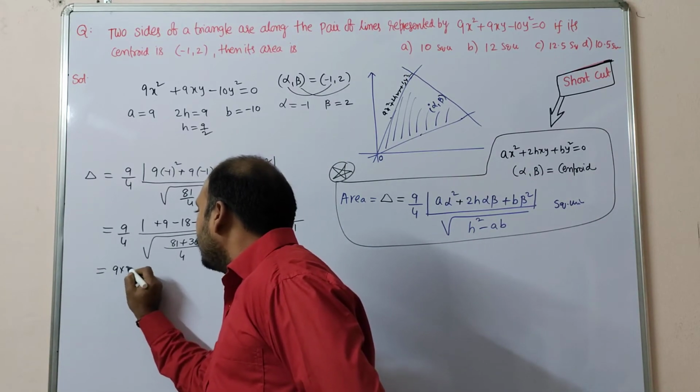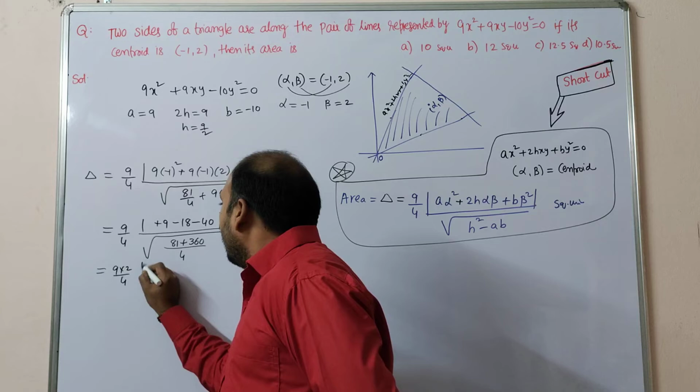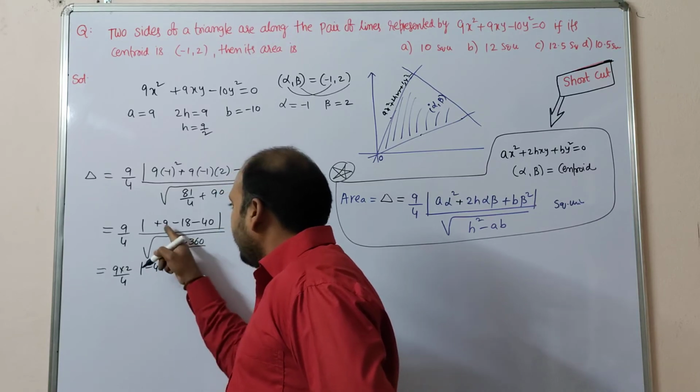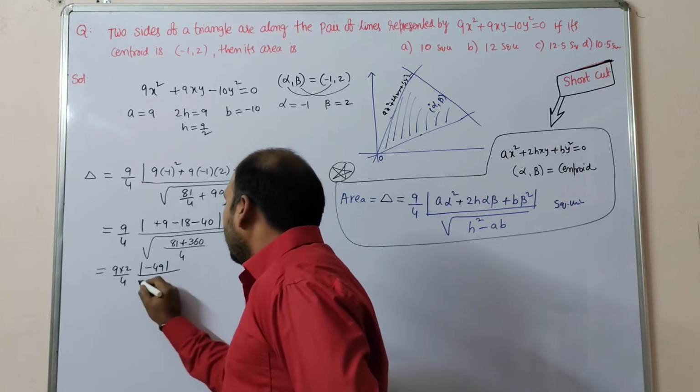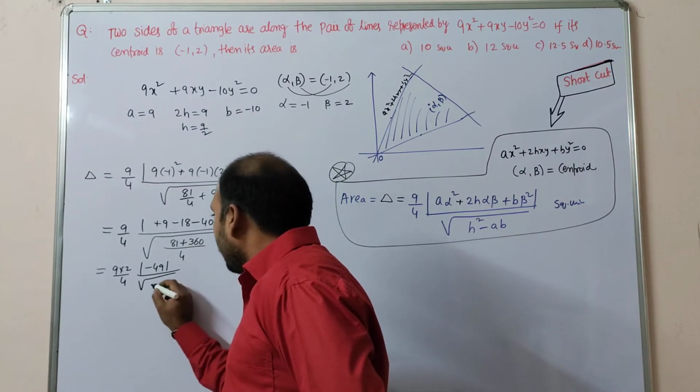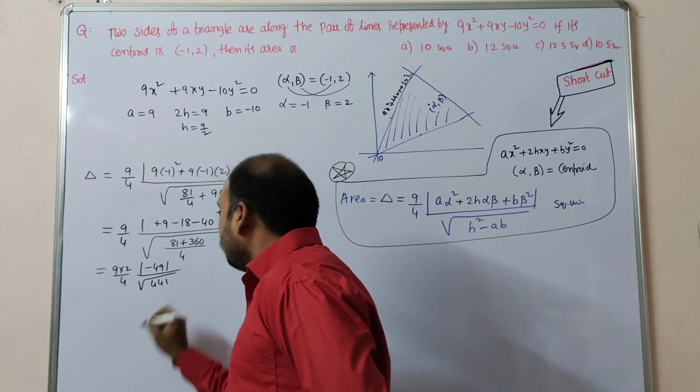So 9 into 2 by 4. Anyway, here minus 49. Why? Because minus 18 plus 9 is minus 9, minus 40 is minus 49, by root 441.